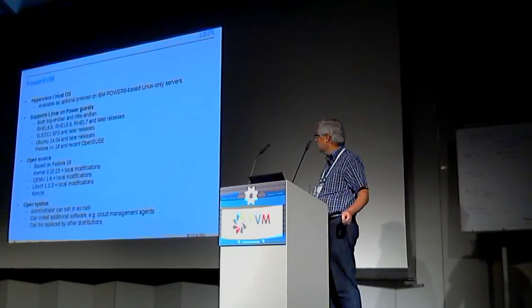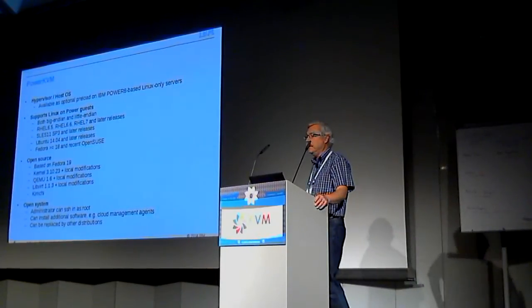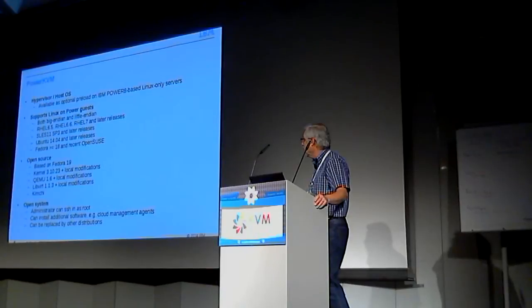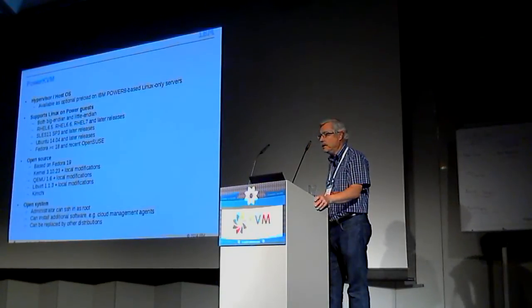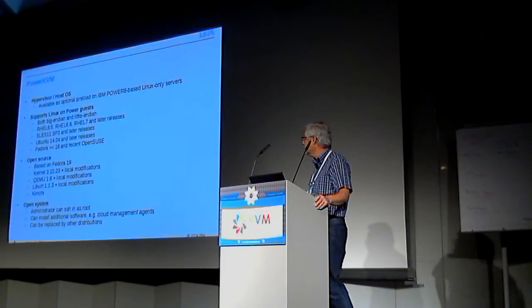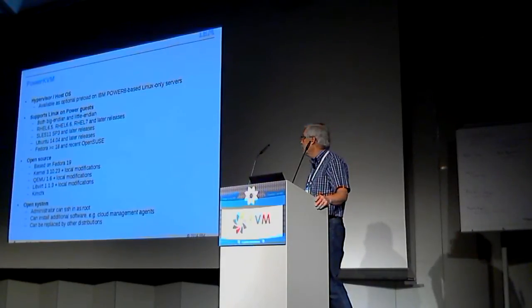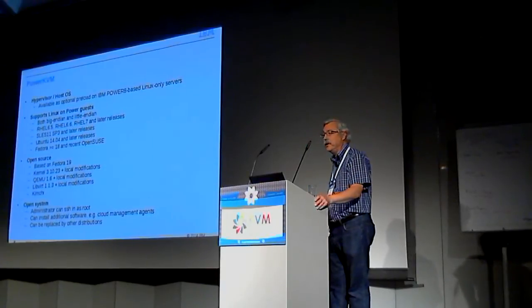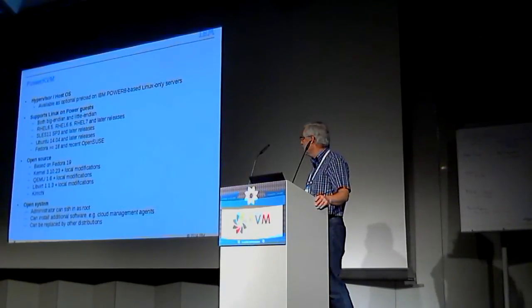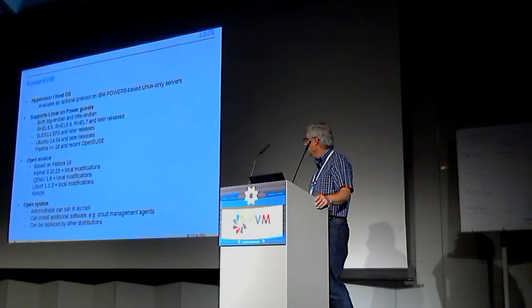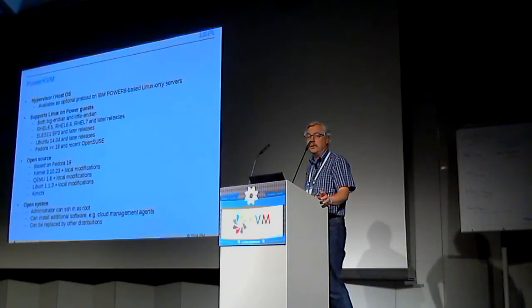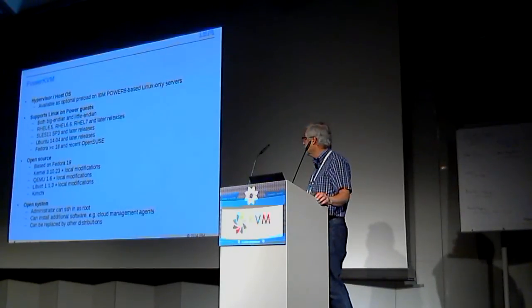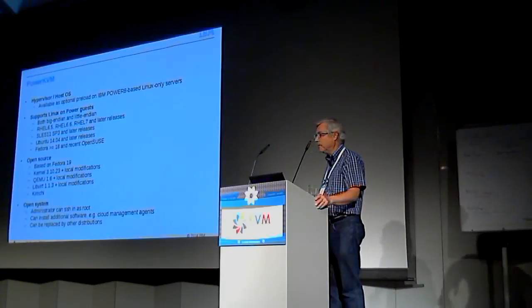But we do support both big endian and little endian guests. So the RHEL family from 6.5 and later, the SLES family, SLES 11 SP3 and later releases. And just recently, Ubuntu 14.04, 14.10 are supported. And of course, the community distributions such as Fedora and OpenSUSE. You can run any of those as guests.